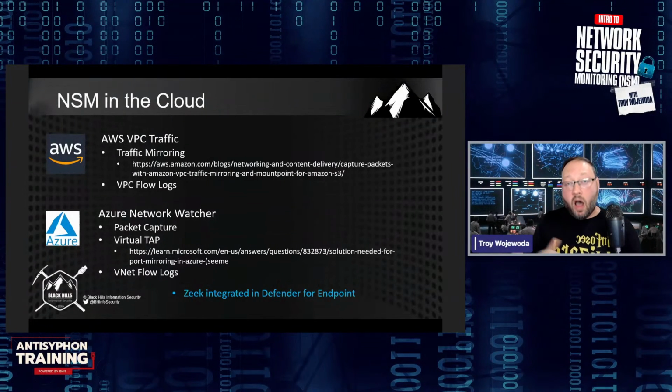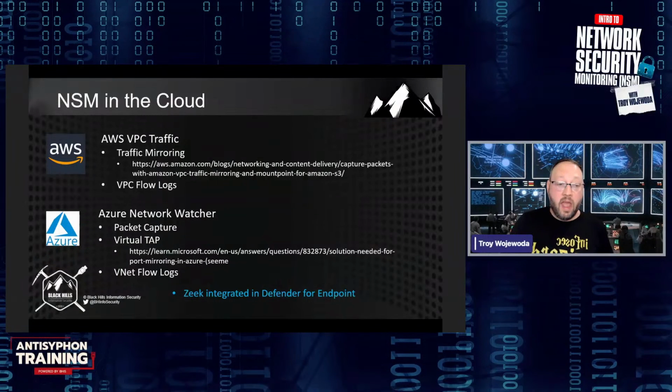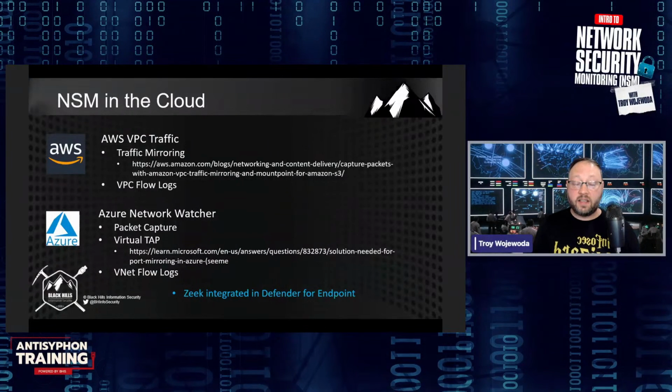to and from your different VPCs that you have deployed, as well as in Azure, where you have packet capture capability between the different virtual nets, as well as the concept of a virtual tap, which is interesting because I think a year or two ago, Microsoft just abruptly said that they were stopping the use of virtual taps and they didn't really give a very good reason why, but then all of a sudden it just came back as a capability that is now available in Azure.